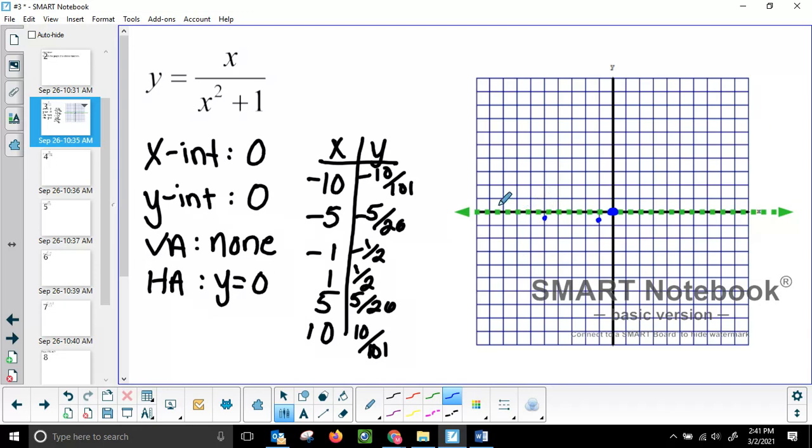And negative 10, negative 10 over 101. And then here we just have the positive versions of the same thing. All right, so this really isn't terribly interesting at all. That's really it. Not a whole lot to it.